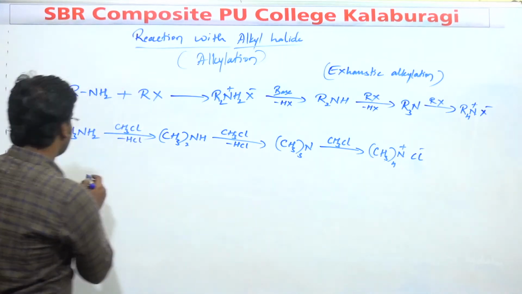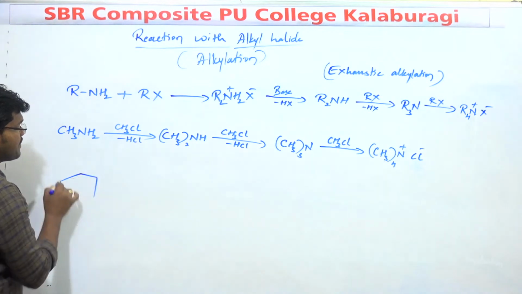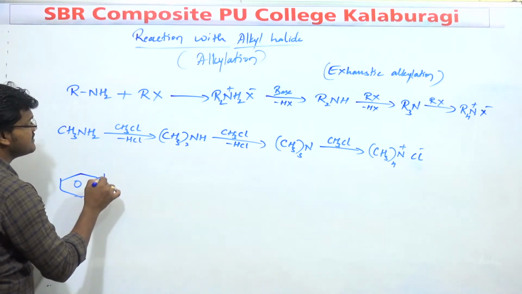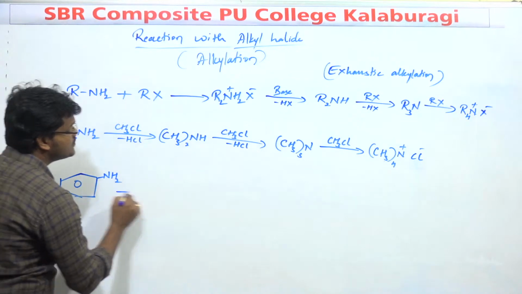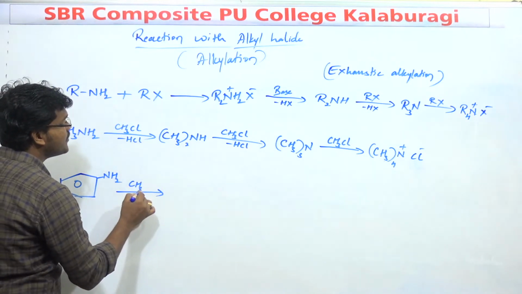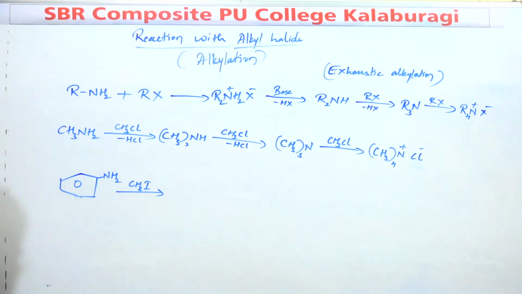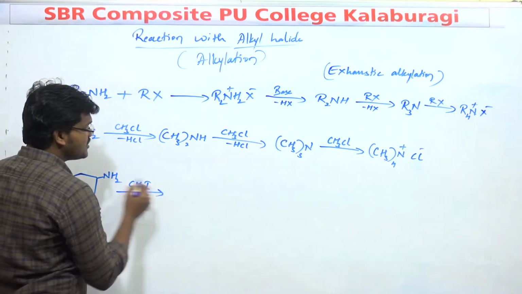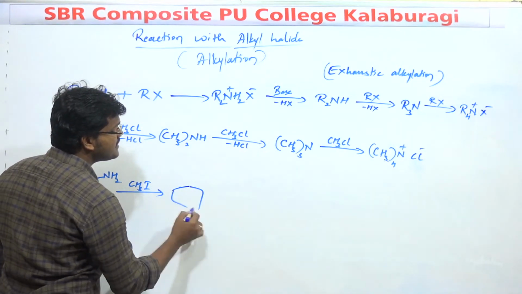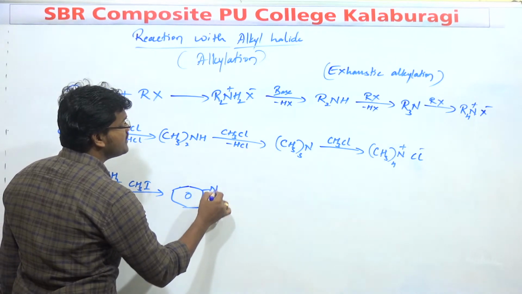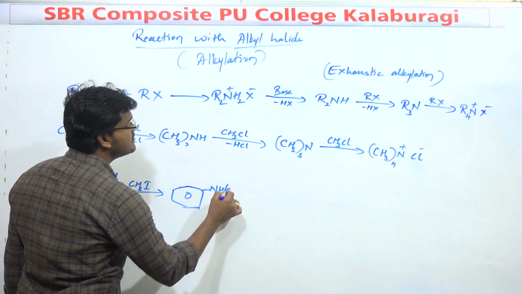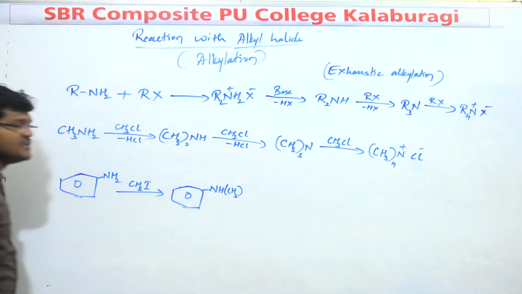For example, I will take an aromatic amine this time. I am having an aromatic amine, that is nothing but aniline, C6H5NH2. To this aniline, I will add methyl iodide, CH3I. What happens when the hydrogen is replaced by what? Methyl group. So I am going to get C6H5NHCH3.